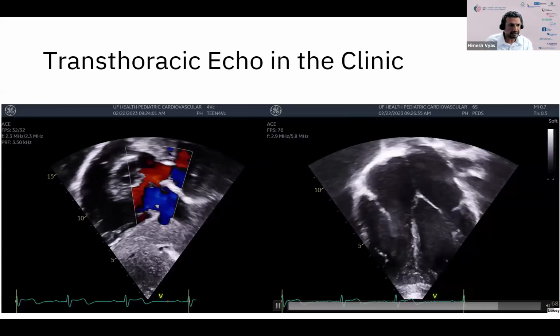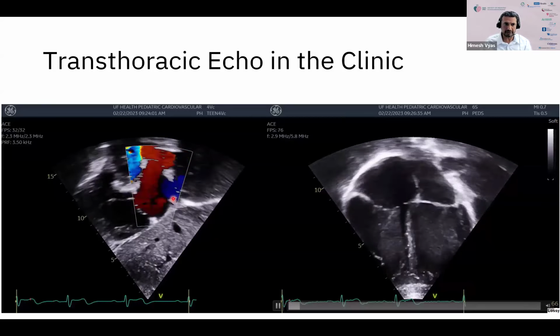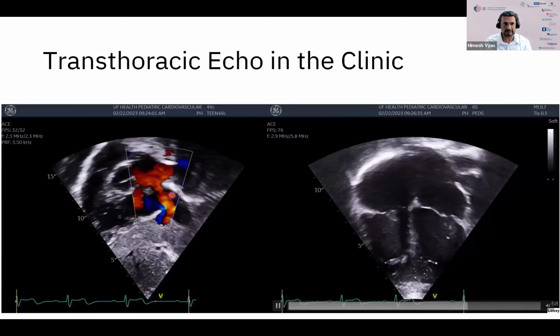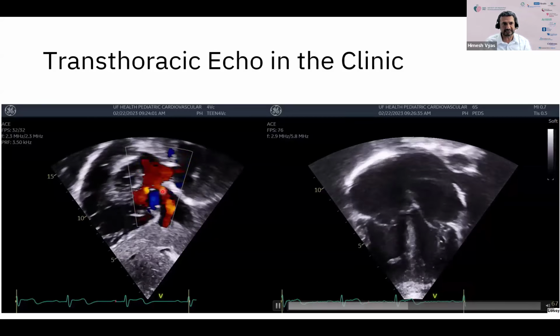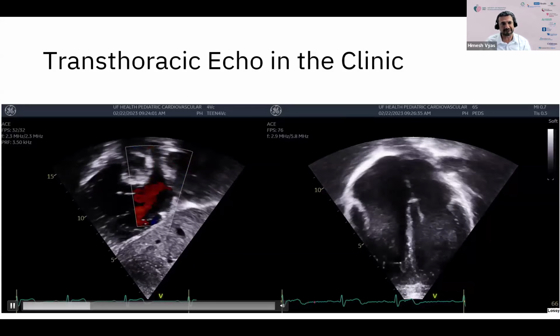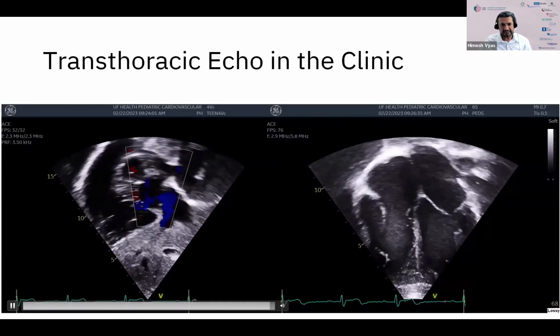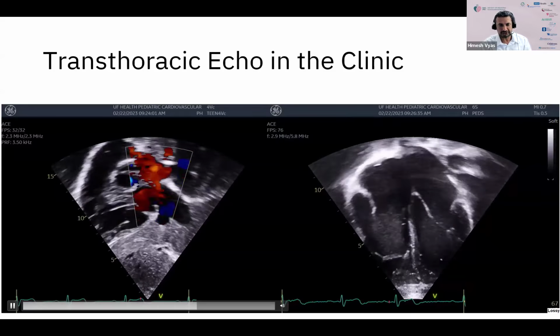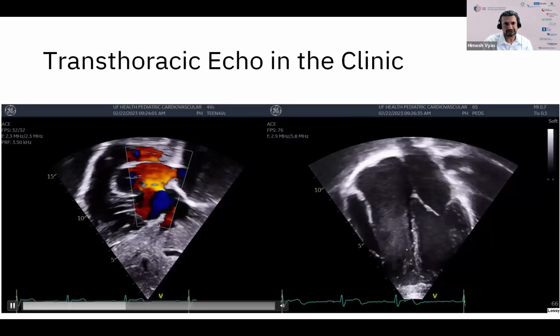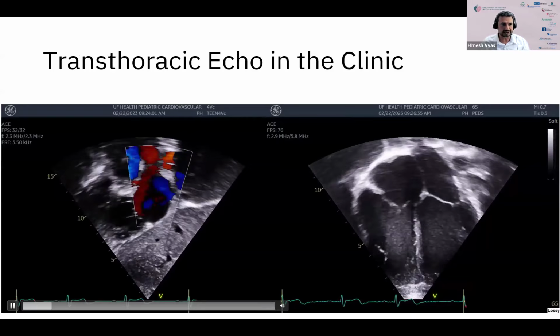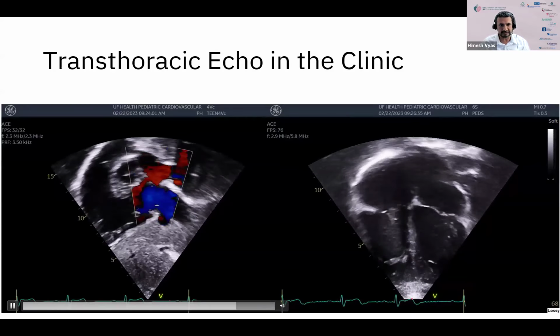I can use my pointer here, and that'll show you these multiple fenestrations with the inferior one by the IVC, and then a more superior fenestration. On the right-hand panel is the apical four-chamber view, and you do see that there is some right heart dilation. So we think that this is a significant ASD.